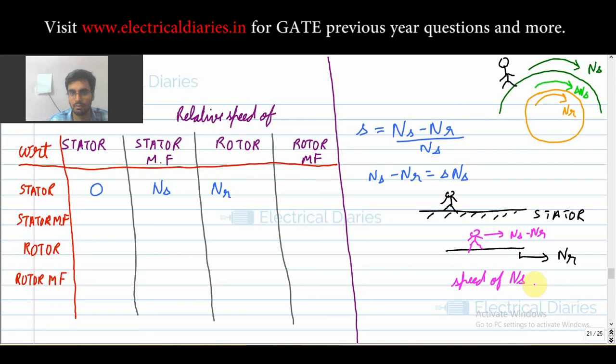So with respect to the stator, your rotor magnetic field, this pink one, is moving with the speed of ns. This is the whole thing. I hope you could understand this. So this will be your ns.